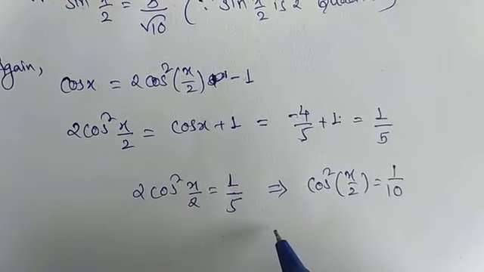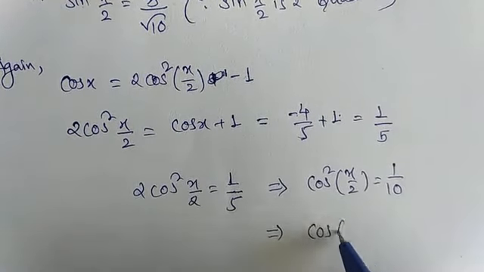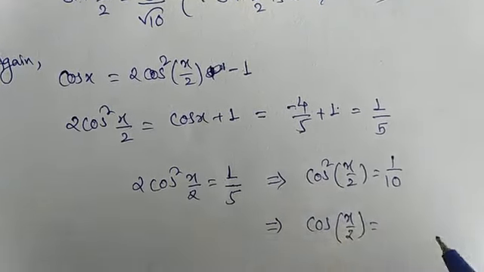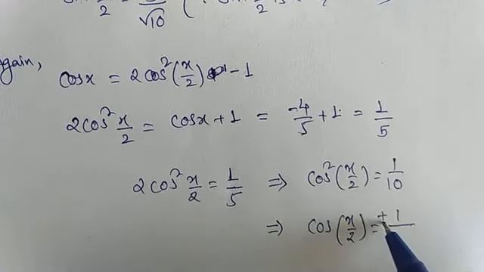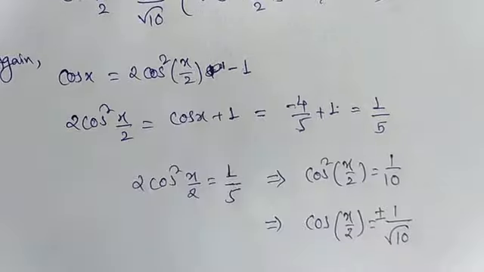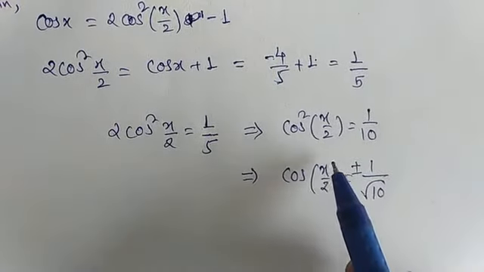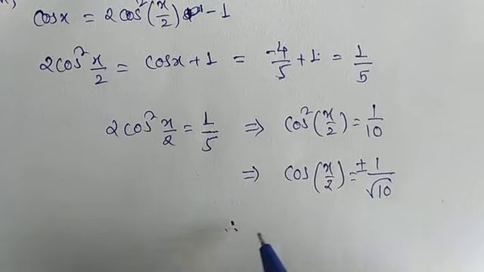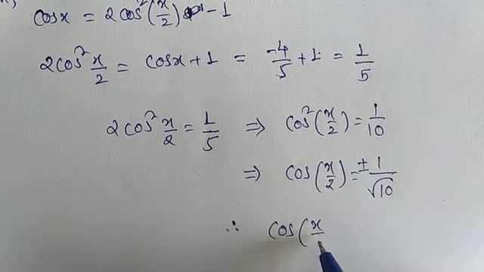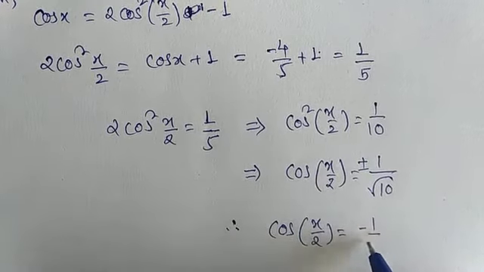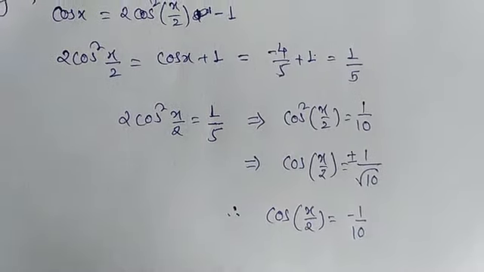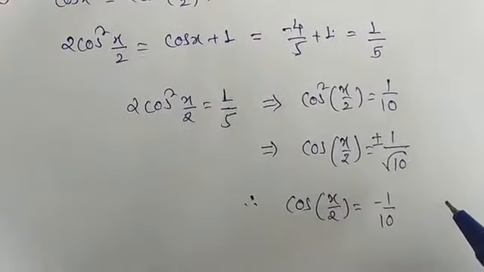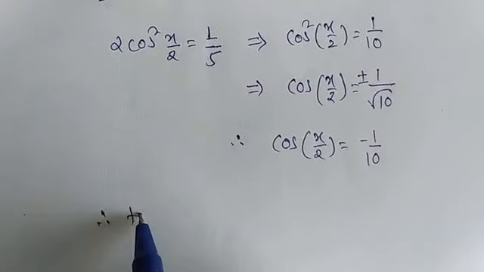Taking square root on both sides, cos of x by 2 gives plus minus 1 upon root 10. As x by 2 is in the second quadrant, the cos value will be negative. So cos of x by 2 is equal to minus 1 upon root 10. Now after getting sine and cos, you can find tan x by 2 directly.